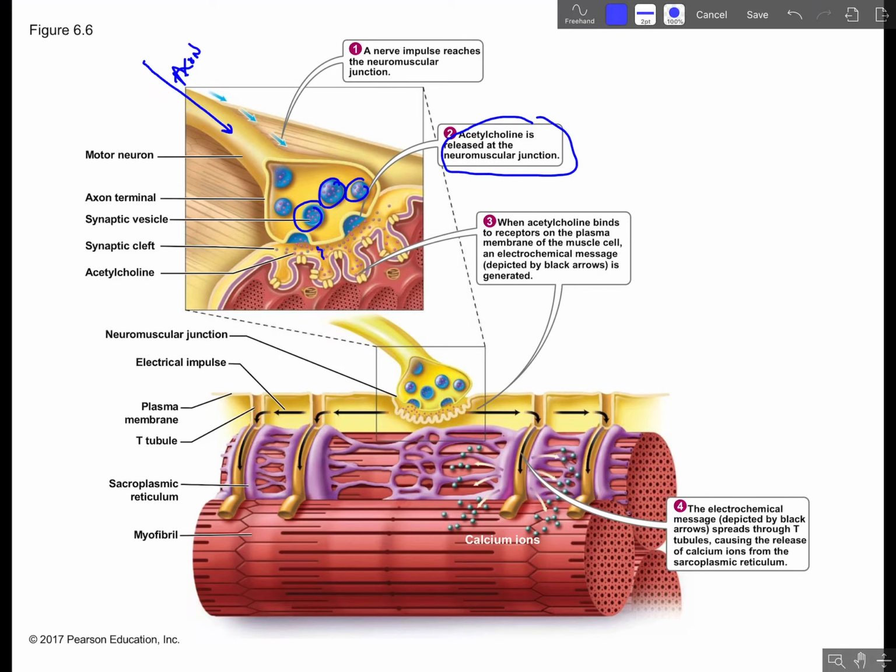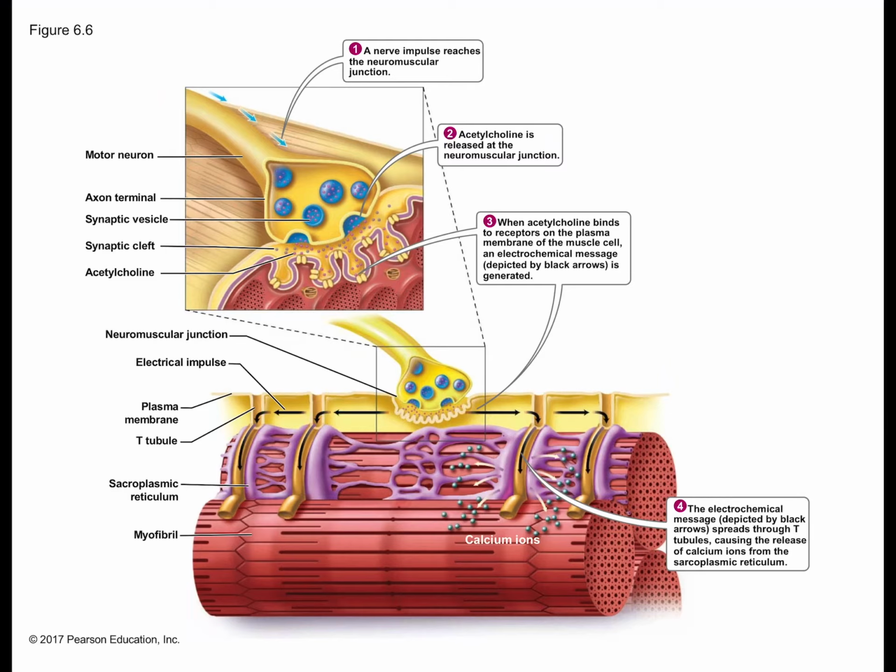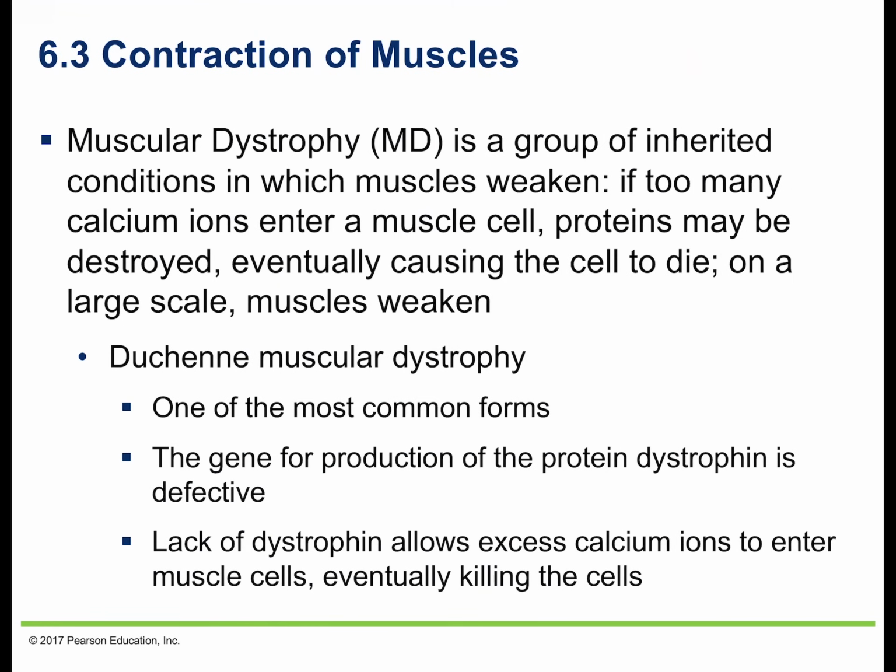Acetylcholine travels across this area here and binds to the muscle cell membrane. And when it does that, it causes an action potential to travel down the cell membrane. Now that travels down the T tubules, and that causes the flooding out of calcium. So you can see the flooding out of calcium. This electrical impulse is what ultimately causes the release of calcium from that sarcoplasmic reticulum.